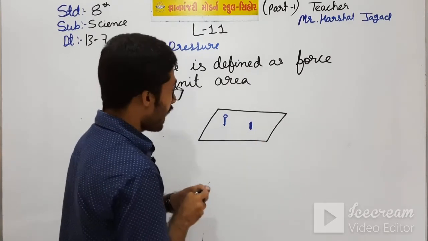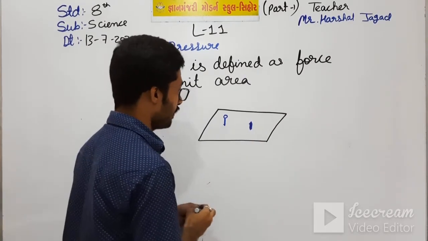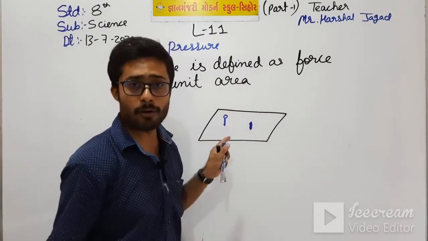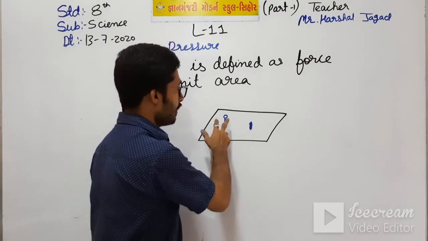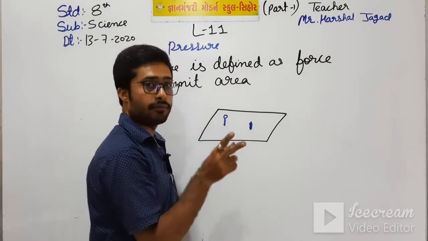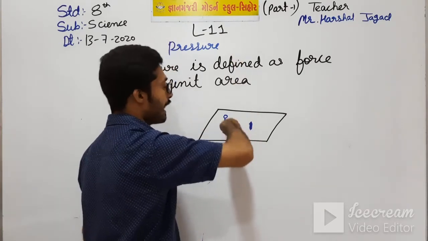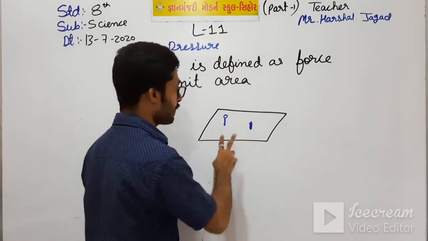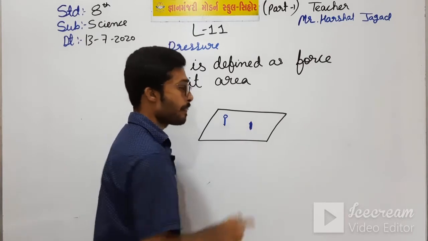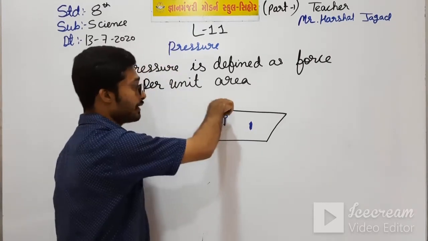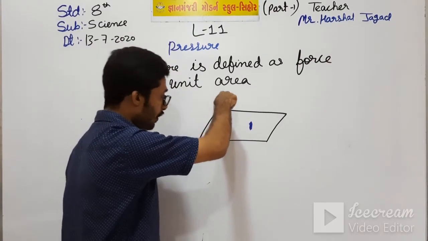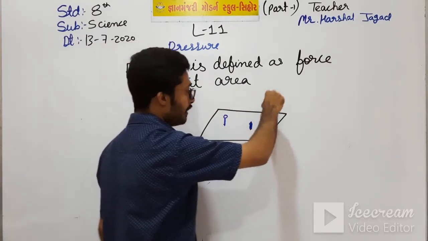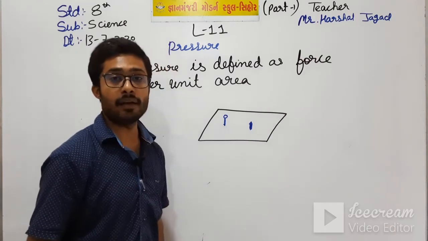So when I hit with a hammer, the same force is put on this pin and the same force on that pin. The nail will go inside the board, and the other will not go inside the board. Why?